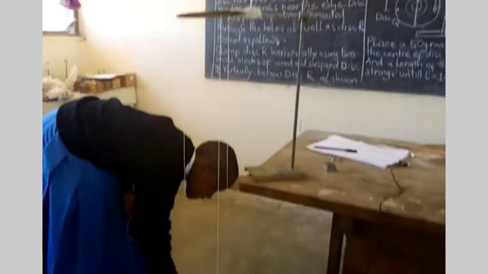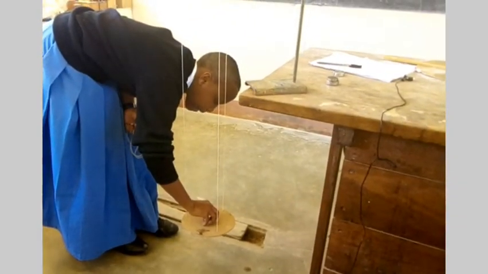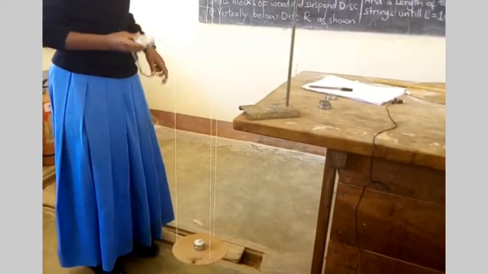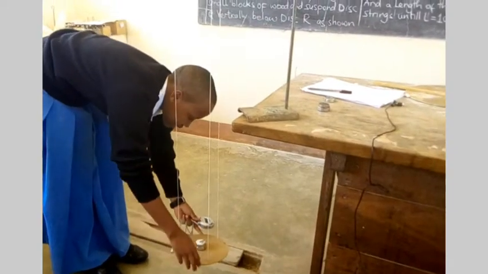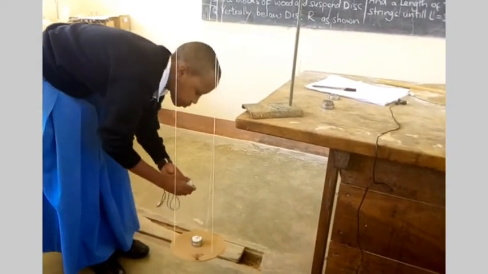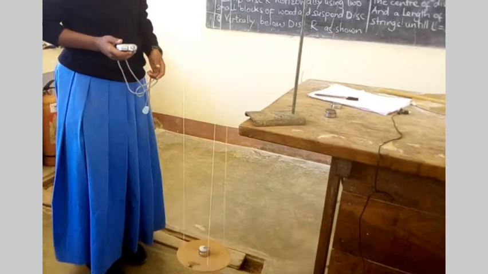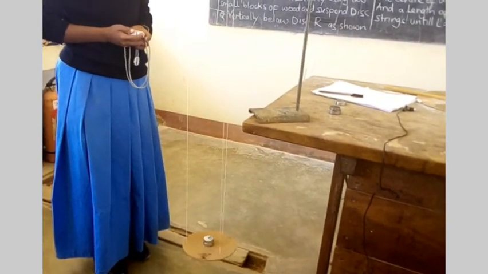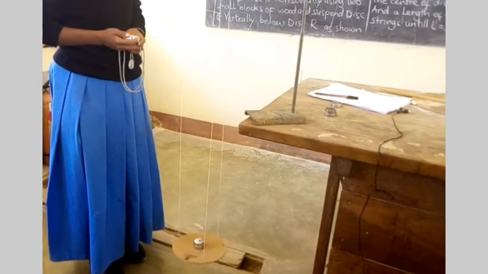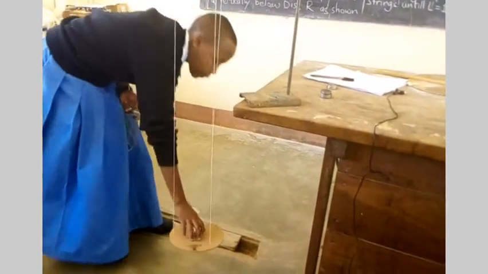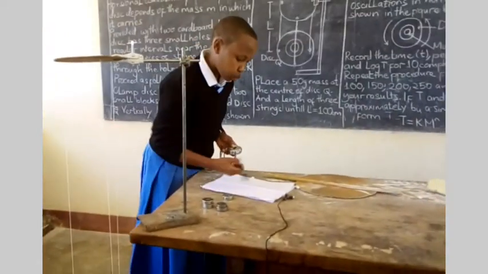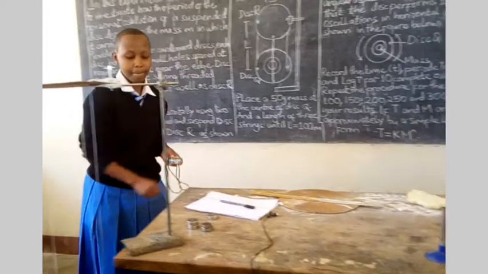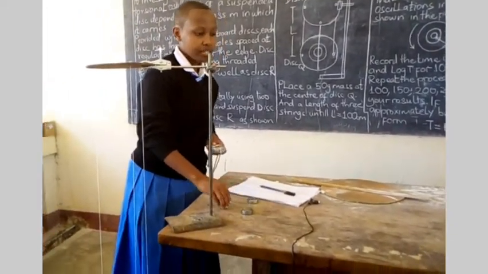We place our mass at the center, and then we displace our disk as usual. 7, 8, 9, 10. We have obtained the time for 200 grams. We record it as usual. And then we move on to the next, 250 grams.